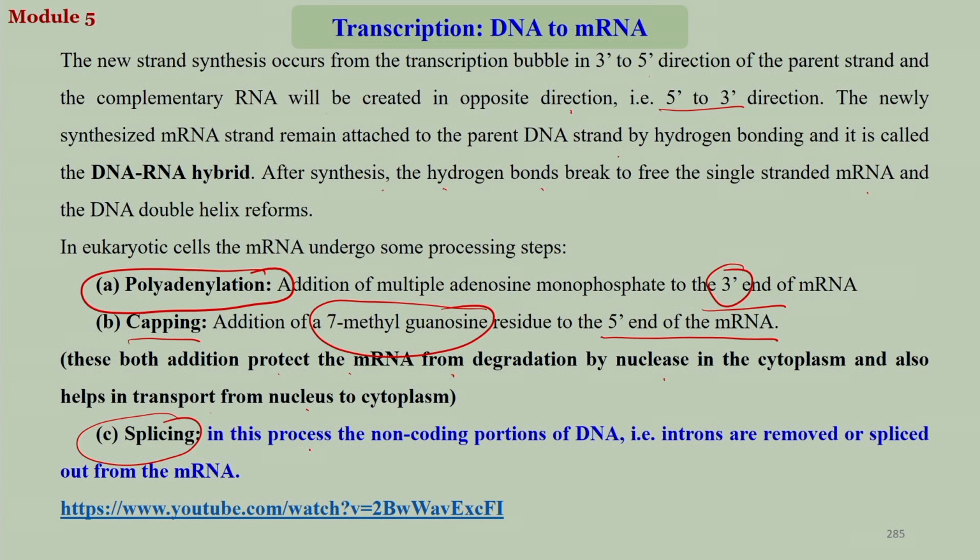In this process, the non-coding portions of DNA, that is introns, are removed or spliced out from the mRNA. The non-coding part is known as the introns. The introns are removed, and then the mRNA comes out of the nucleus.